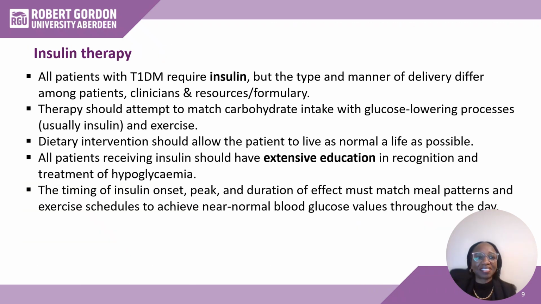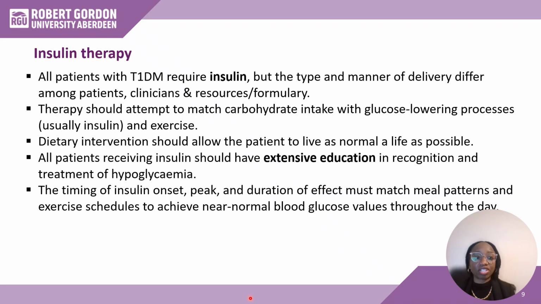Okay. So insulin therapy. All patients with type 1 diabetes do require insulin, but the type and manner of delivery differs among patients, clinicians, as well as the resources and the formulary allowance. Therapy should attempt to match carbohydrate intake with glucose-lowering processes, usually insulin and exercise. Dietary intervention should allow the patient to live as normal a life as possible.